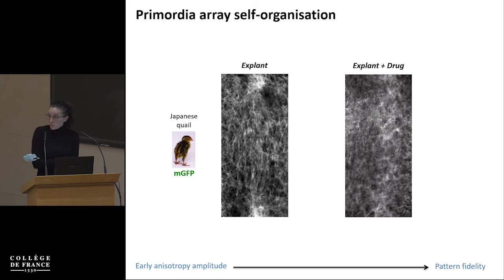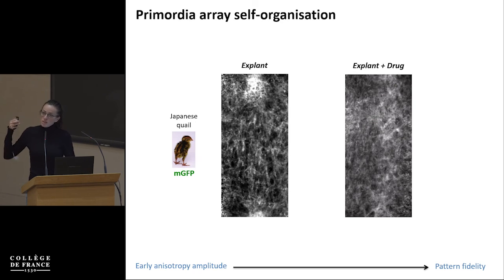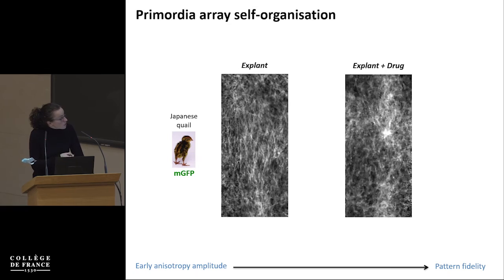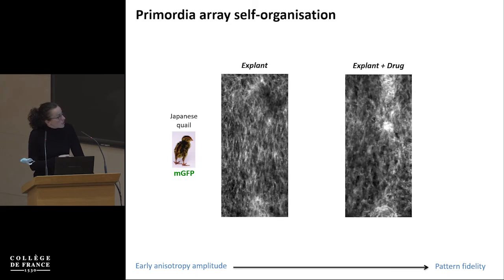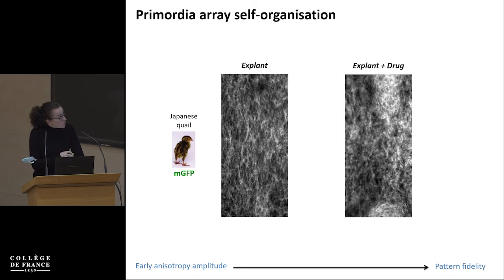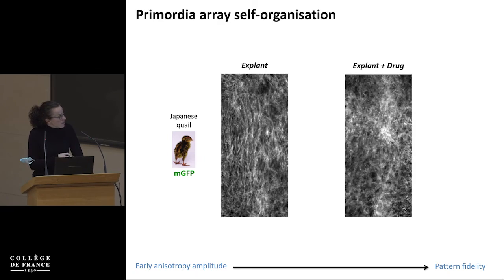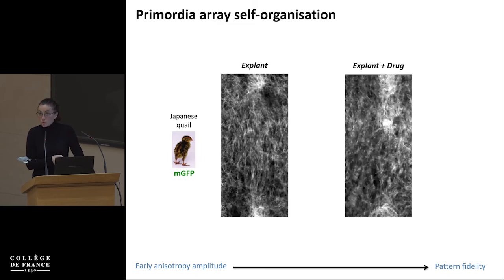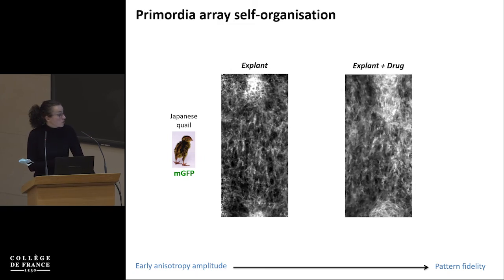And we did the same experiment in presence of that drug that impairs anisotropy. And so in this case, what you'll see is that cells actually do move more. Primordia still form, but they are displaced more along this axis, and sometimes they even fuse together, which is something that we would never observe in control conditions.